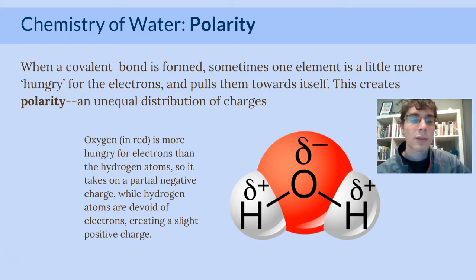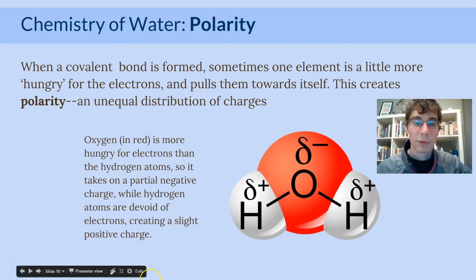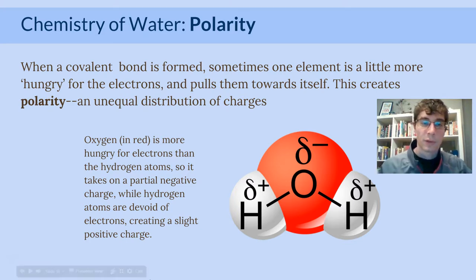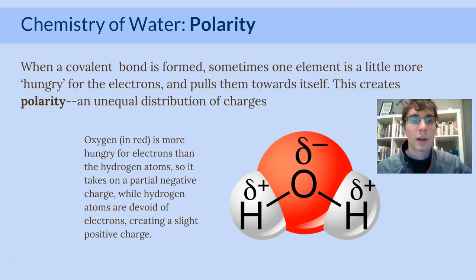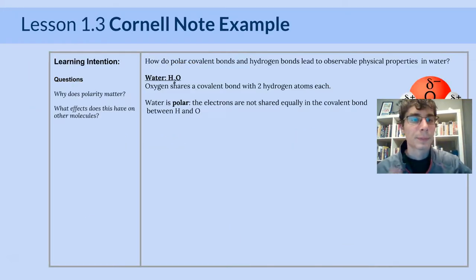So in this case, oxygen is more hungry for those electrons, so they're going to be more likely to be near oxygen than they are hydrogen, which means oxygen is going to be a little bit more negative than the hydrogen atoms are. Since the hydrogens are a little bit more devoid of electrons, they have a positive charge. And we call this unequal distribution of charges polarity. So remember that, it's going to be an important concept moving forward.